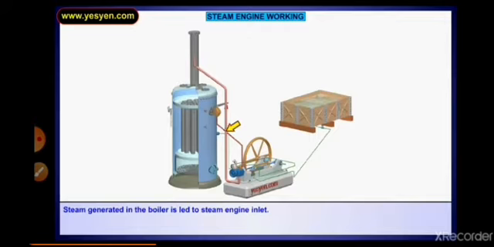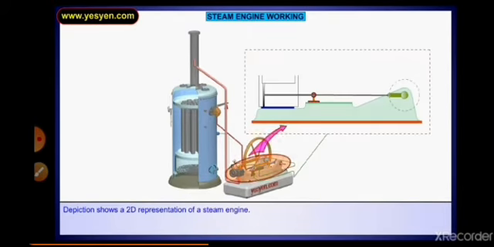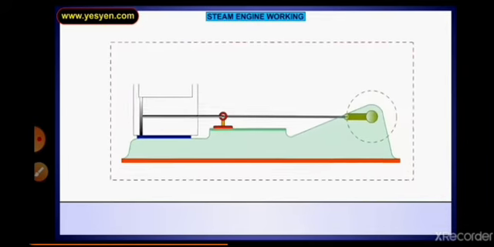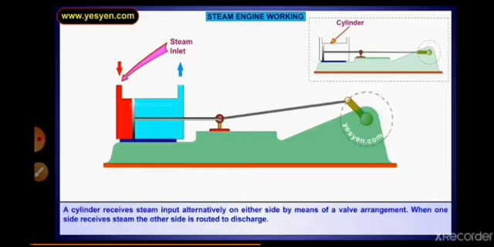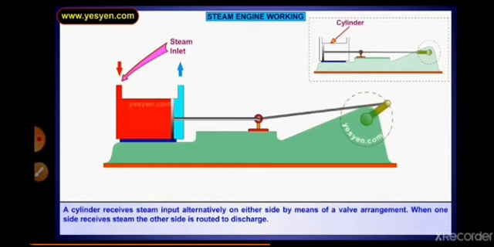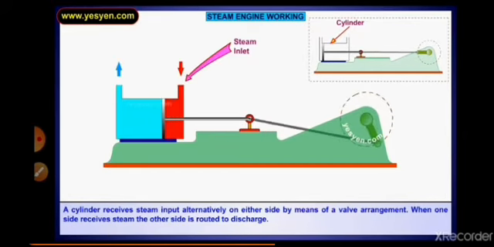Steam generated in the boiler is led to the steam engine inlet. Spent steam in the steam engine is led to the exhaust. The depiction shows a 2D representation of a steam engine. The primary components of a steam engine mechanism are shown. A cylinder receives steam input alternatively on either side by means of a valve arrangement.